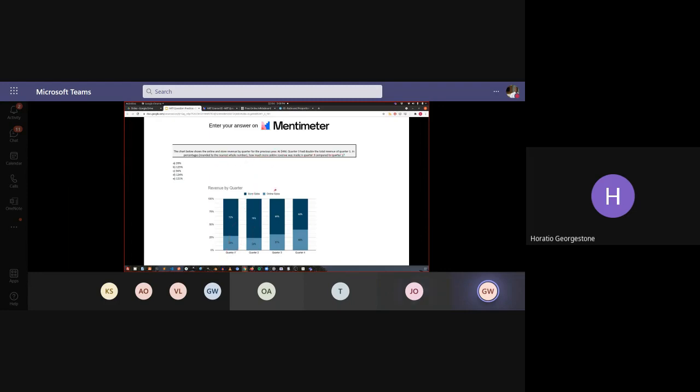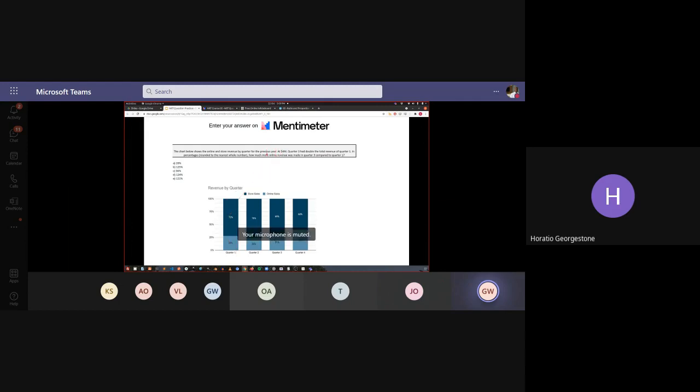In quarter 1, online sales was 28% of total sales, and in quarter 3, online sales was 31% of total sales. Now it tells us that the total revenue for quarter 3 was $4 million, and it says this was double the total revenue for quarter 1. In other words, quarter 1 is half of $4 million, which is $2 million.